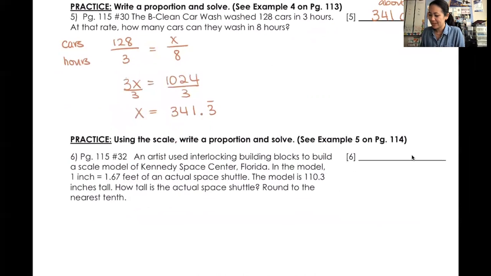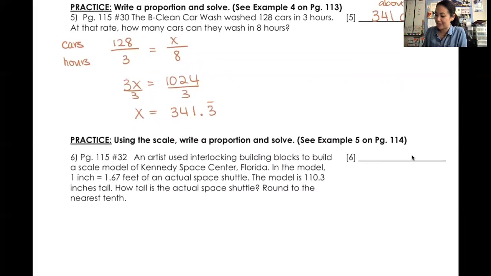Okay, nice. Number 6, we have an artist who uses interlocking building blocks, I'm assuming Legos, to build a scale model of Kennedy Space Center in Florida. In the model, 1 inch is 1.67 feet of an actual space shuttle, and the model is 110.3 inches tall. How tall is the actual space shuttle?